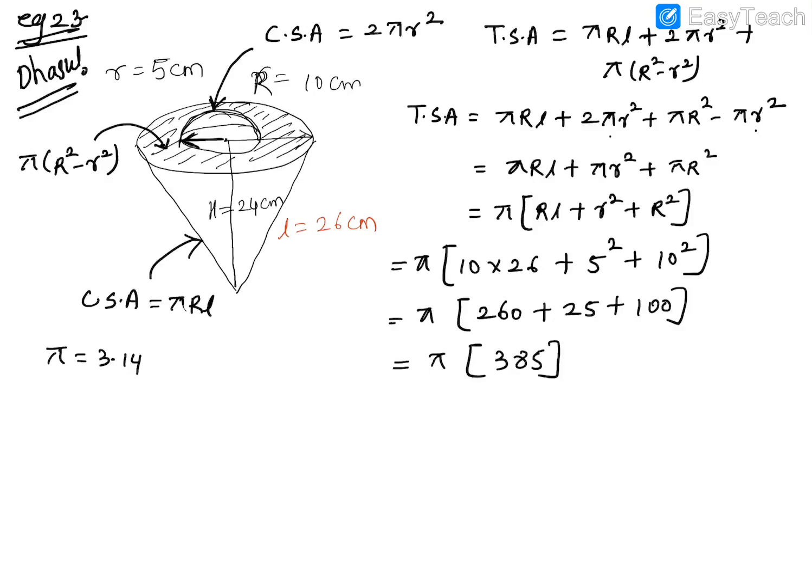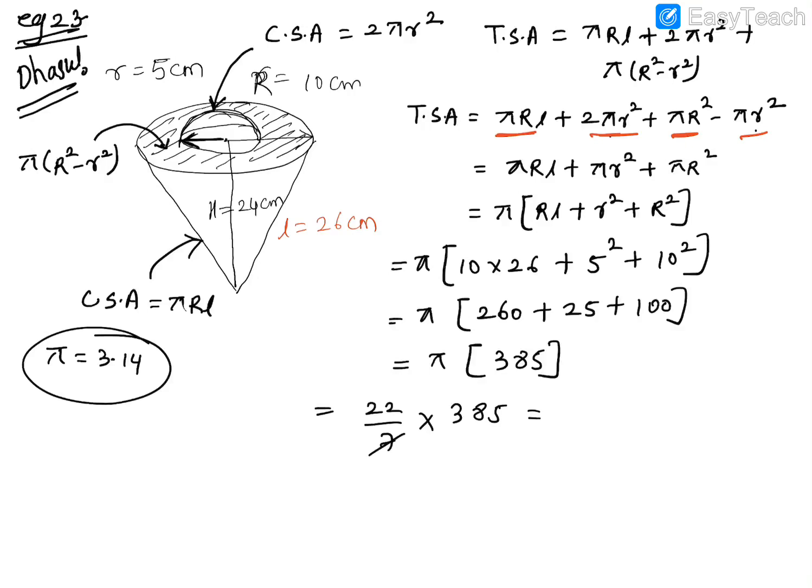385. Guys, see now, if you would have calculated pi individually, if I would have multiplied with pi here separately, here separately, you would have got very difficult calculations. Now see how your calculations are simplified. Pi is what? 3.14. Now they have purposely given you 3.14 to make your calculations difficult. Because if they would have given you 22 upon 7, see what would have happened.